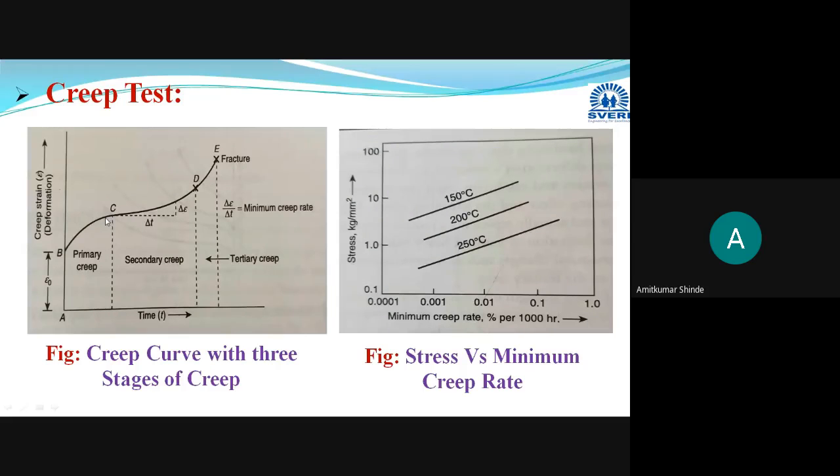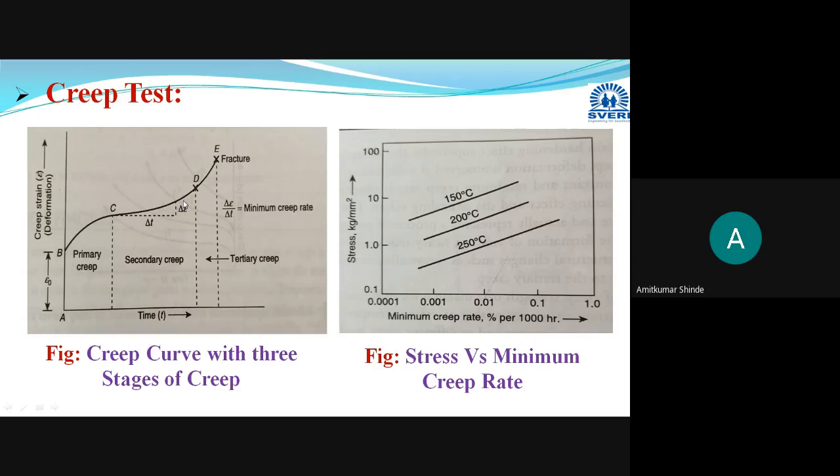That's why the rate of deformation decreases. Again in the CD region, hardening is more than the softening, so the rate again decreases in this secondary or steady state creep. But in the third region DE, softening of the material is more than the hardening. That's why the creep increases at an accelerated rate. That's why it is termed the accelerated creep region or tertiary creep region.